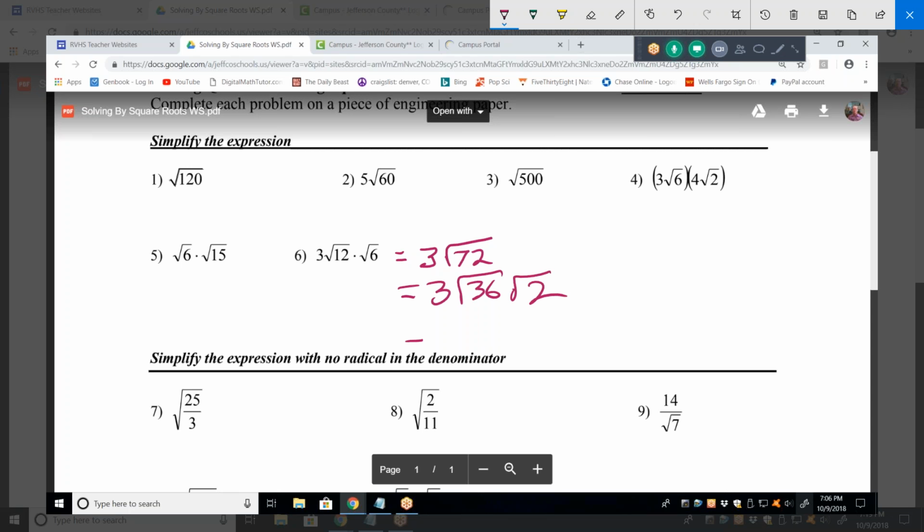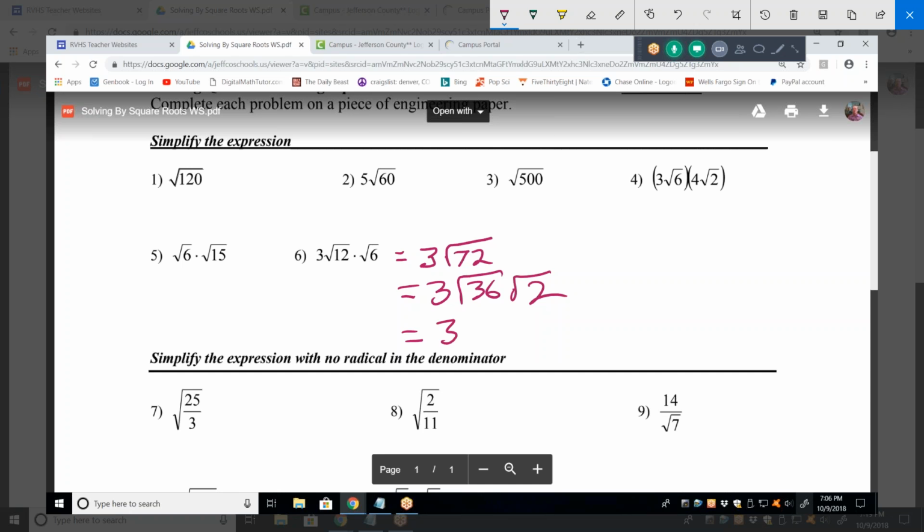So what's the final answer? Which one of those can you turn into a whole number? 36? Yeah, what's the square root of 36? 6.